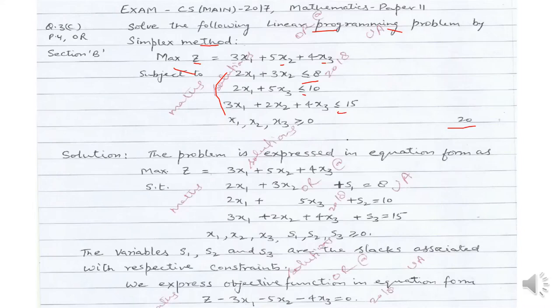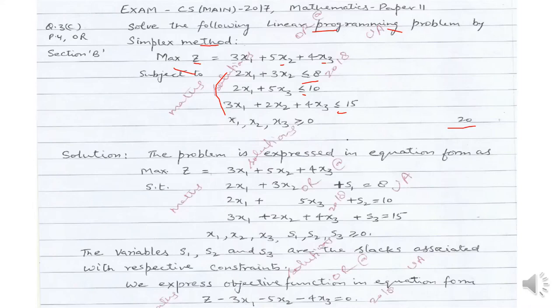It means we will be adding slack variables on the left hand side of the constraints and make them equal to type, and that is the standard equation form of the problem. Then we can apply the simplex method. So first we write down the problem in standard equation form.